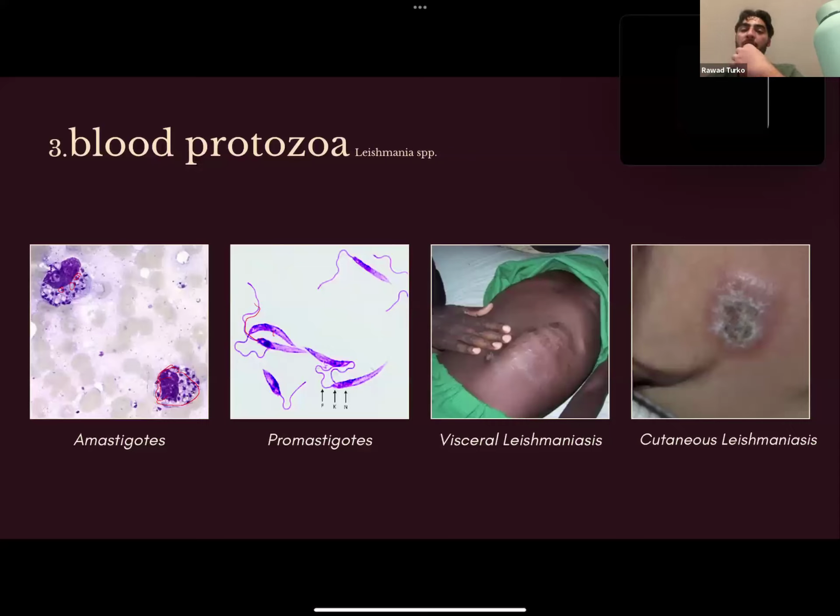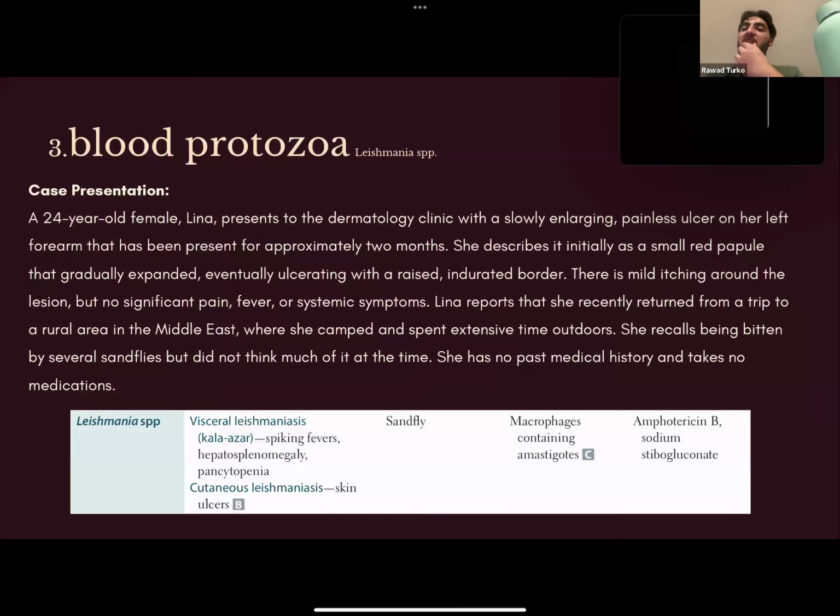So these are what the promastigotes look like. This is what the amastigotes look like. This is the clinical presentation: a slowly enlarging painless ulcer on the left forearm. So this is cutaneous leishmaniasis. There is mild itching around the lesion, but no significant pain, fever, or systemic symptoms. It stays in the skin.